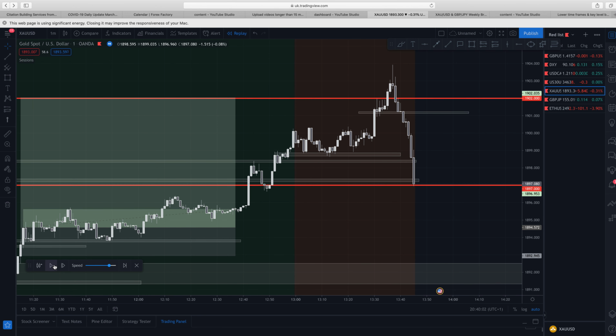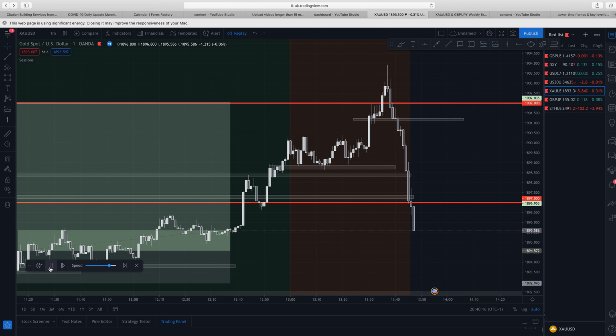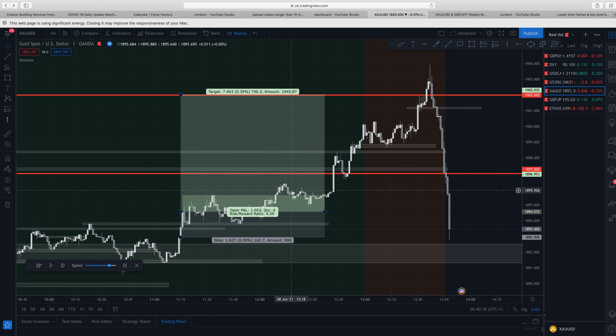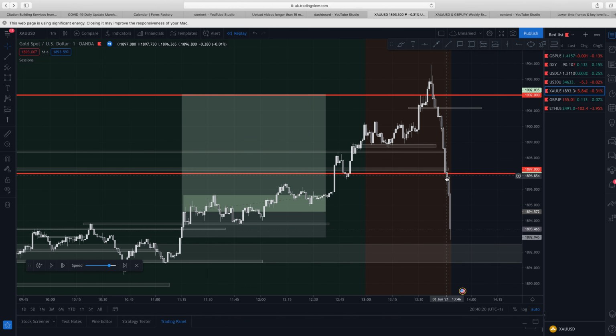And there it goes. There's your 30-minute candle with more bottom wick, and here's your bottom wick being formed. And look at that, melts back down, big rejection, and then we're just getting a complete change in momentum.